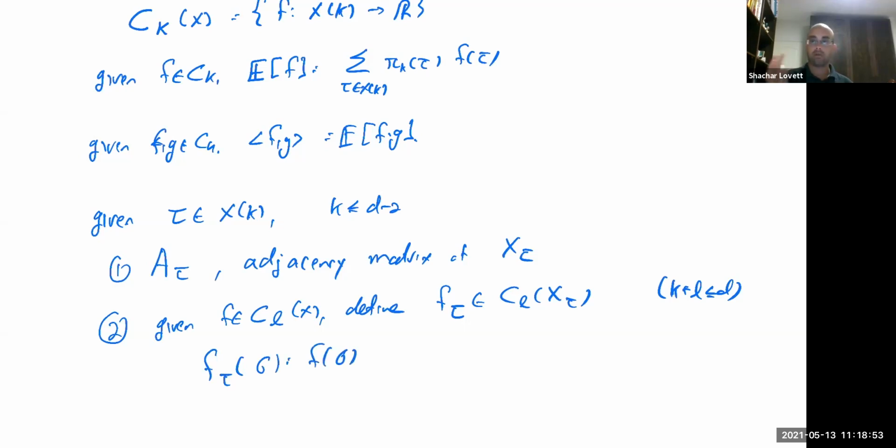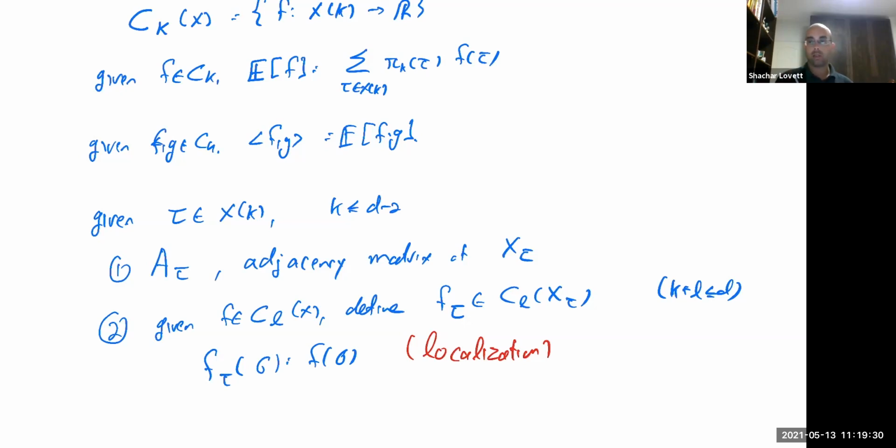So this is a type of restriction. We just look at faces where sigma union tau is a face in the whole complex. Okay, so this is something that we called localization. And we're going to see a different notion come up later called restriction that is going to be somewhat similar, but not quite the same. So we're going to give it a different name. This is called localization. And so this was the local view.